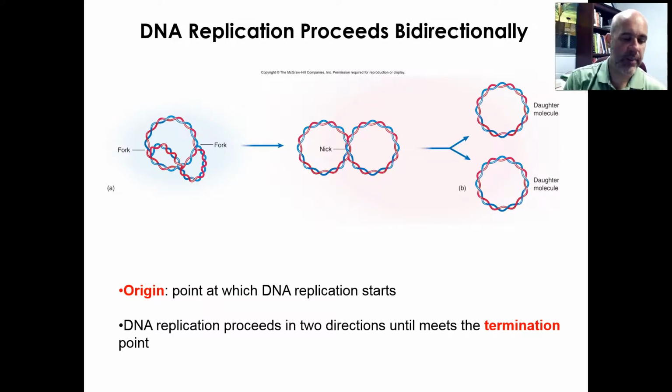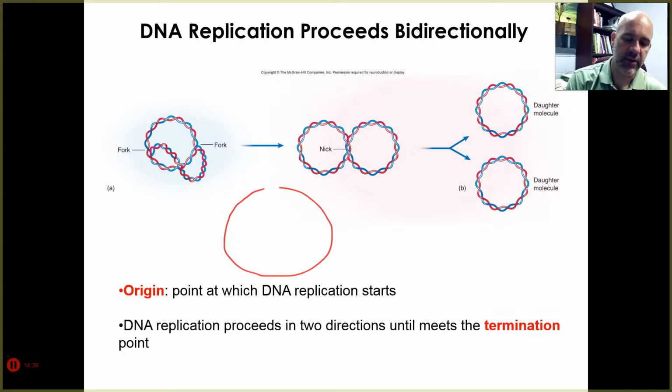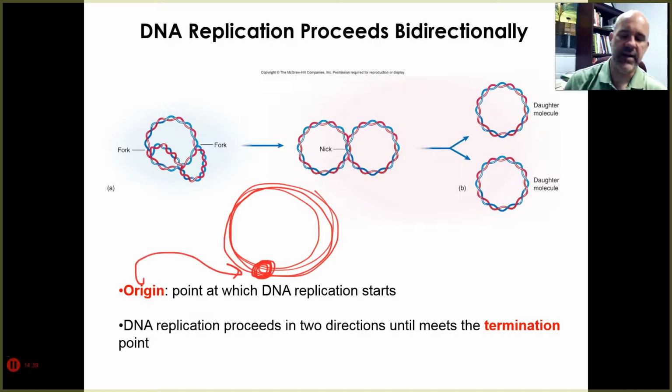It starts at a place on a circular DNA molecule called the origin. So we've got a circular DNA molecule here, double-stranded. There is a specific place on that DNA molecule called the origin where DNA replication is going to begin.